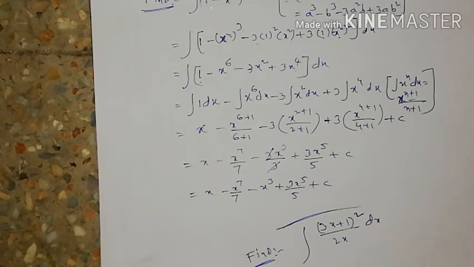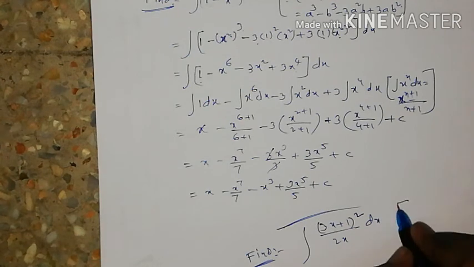So how can you simplify, anybody? Observe, how can you read this problem? Integration of (3x plus 1) whole square by 2x dx. Here the power belongs to the numerator only, not the denominator. So first, what do you have to do? First expand the numerator by using which formula?